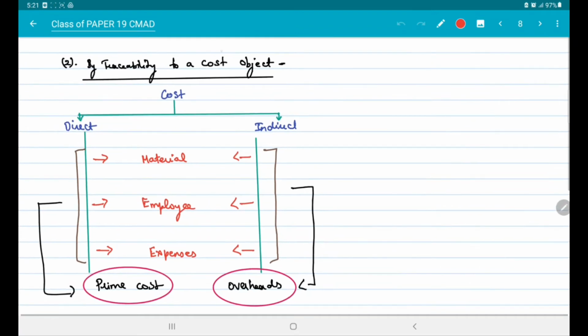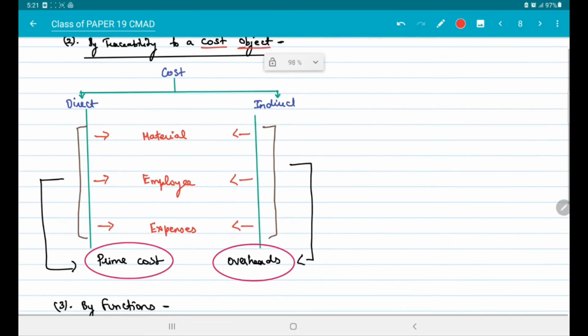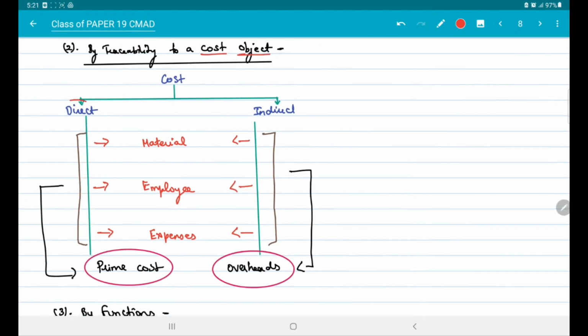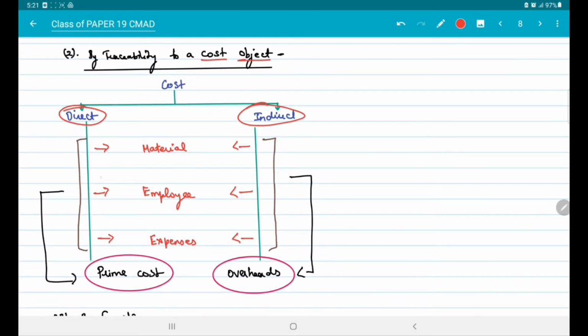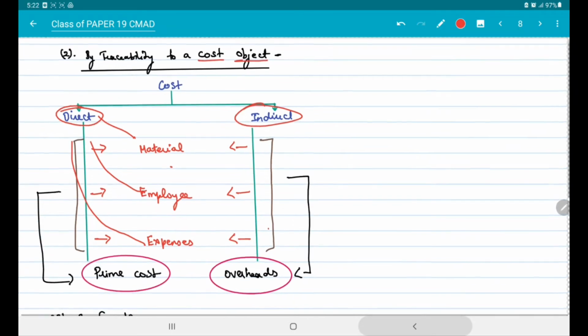Then by traceability to a cost object, cost is divided into 2: direct, indirect. I have just presented it in a common flowchart. Direct is divided into 3, indirect is also divided into 3. So direct material, direct employee and direct expenses.